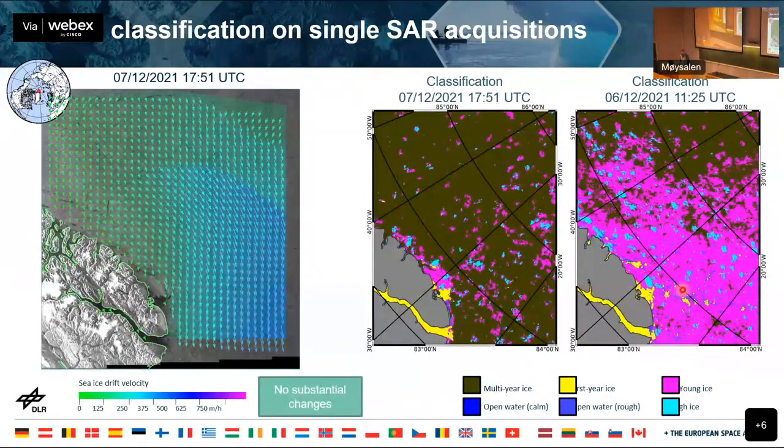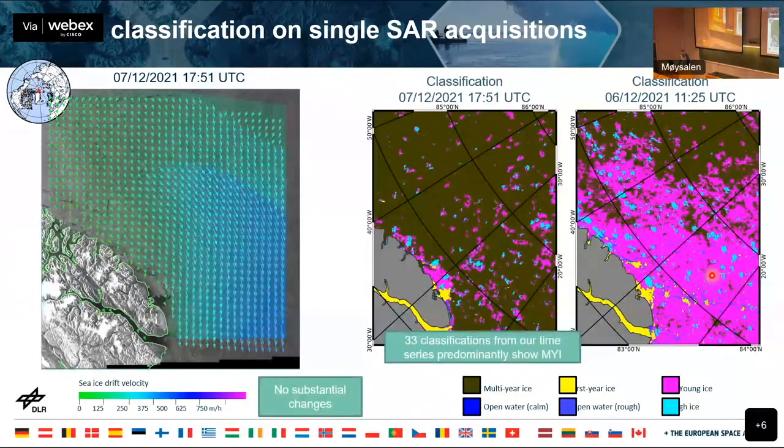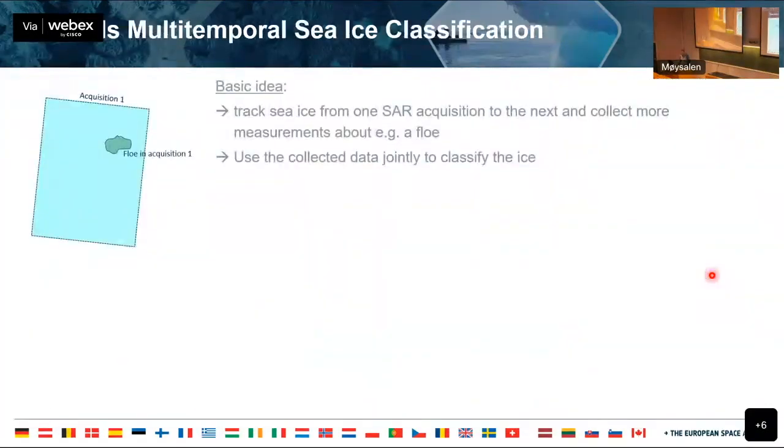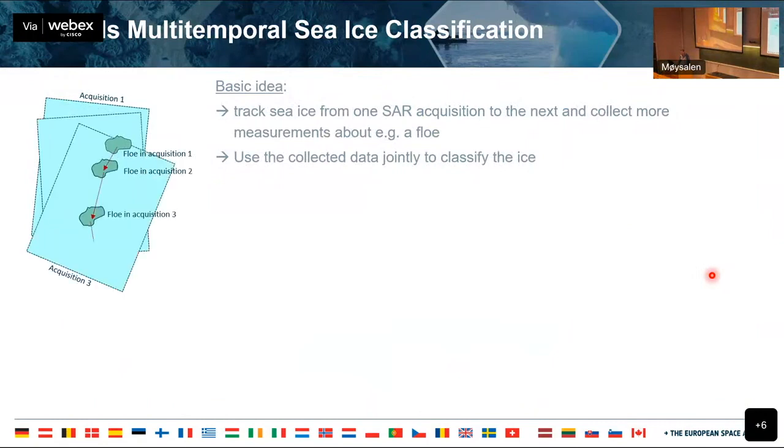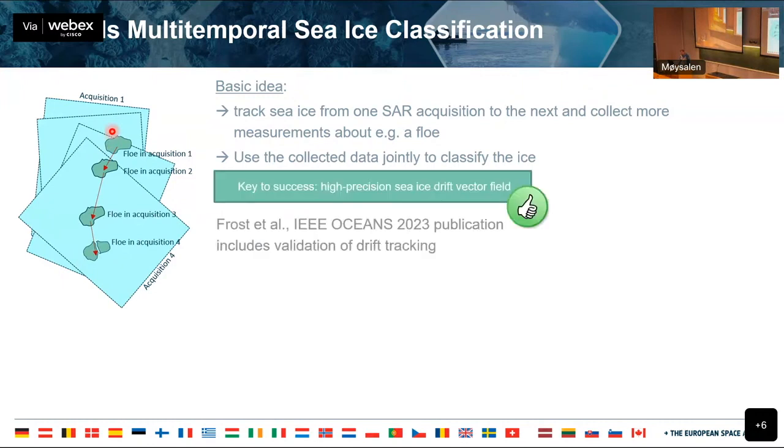So to improve this outlier detection and the more robust classification, the authors have created the algorithm that tracks several images and then collects the data from several images and provides a more robust classification.